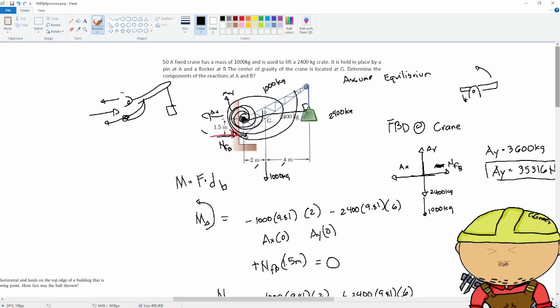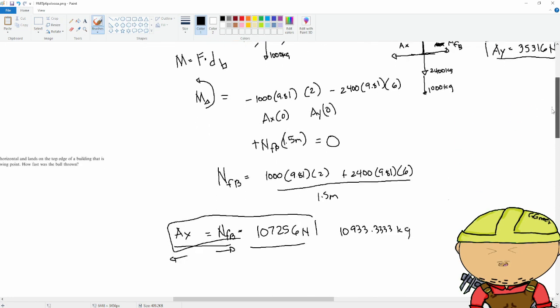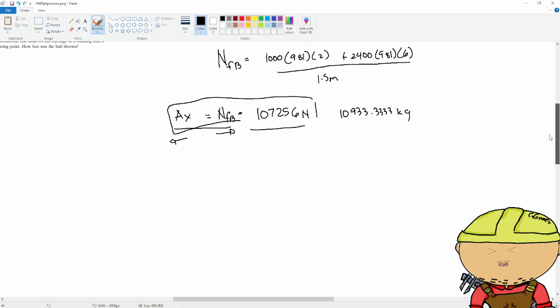The pin will be pulled by the system, so the pin is reacting to the left, opposing the rotating motion. Okay, anyways, I think that's it.